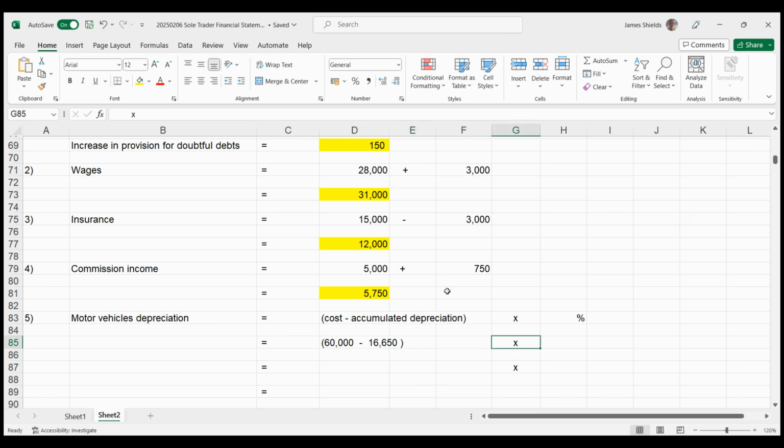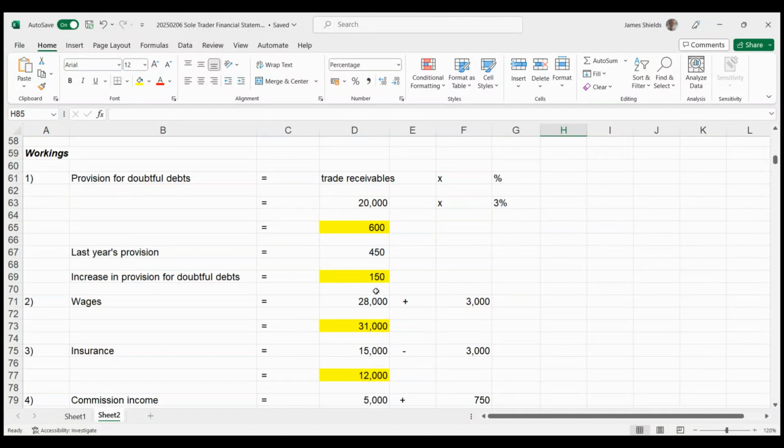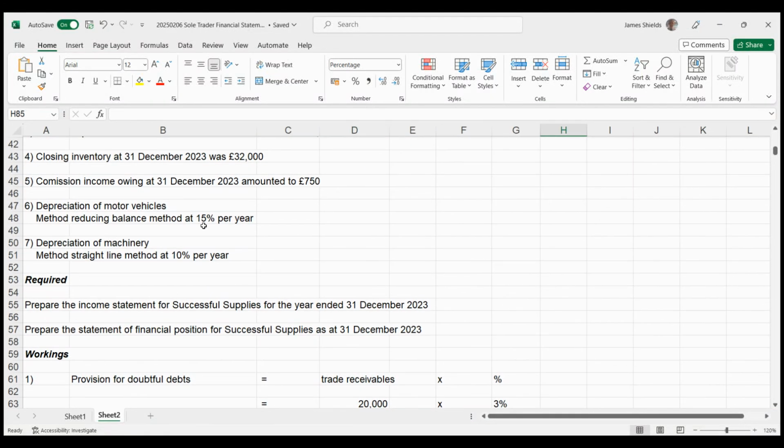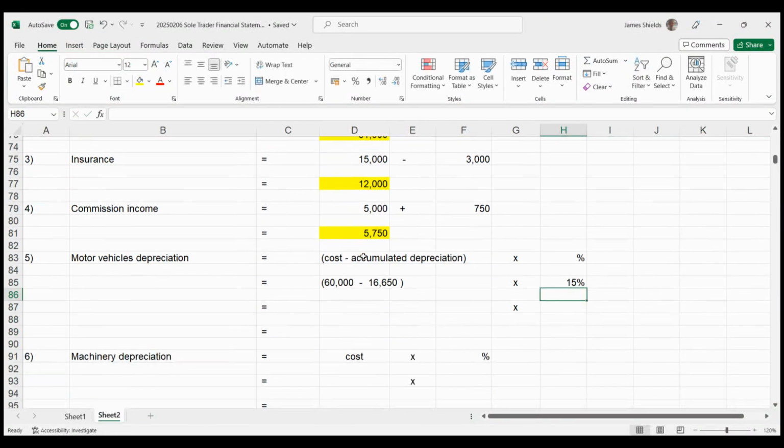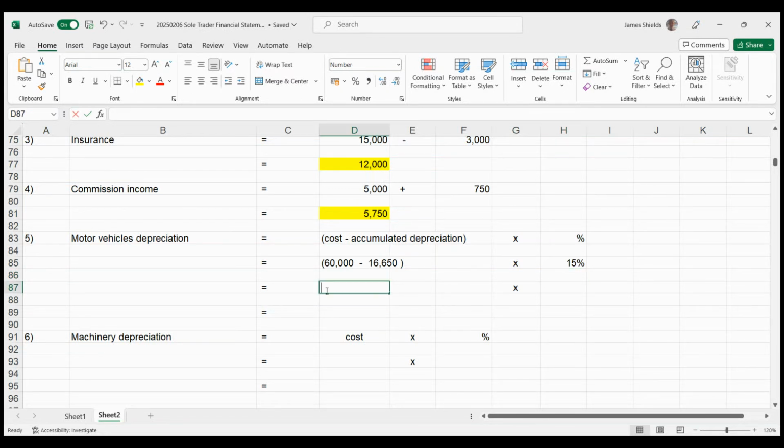Now I'm going to times it by the percentage. So back to the notes. What was the percentage for motor vehicles? It was 15%. Remember, this is your reducing balance method. So you've got your 60,000, take away 16,650, that comes to 43,350, and then times that by 15%. 43,350 times 15%, and we get £6,503.